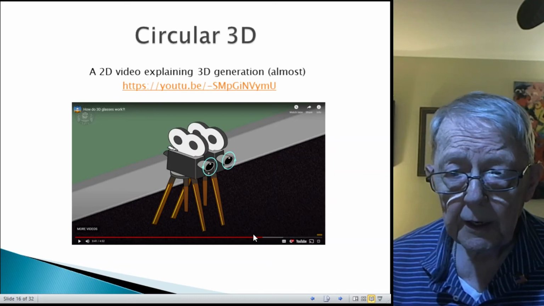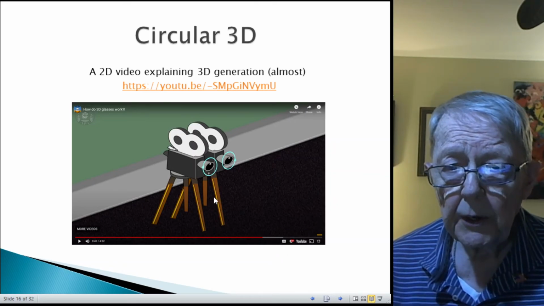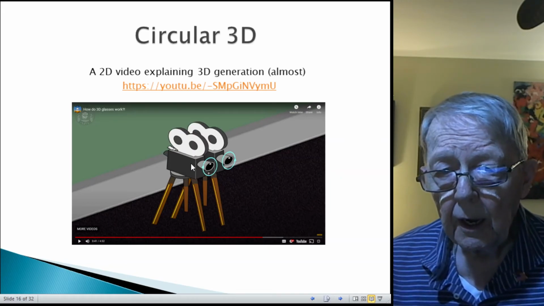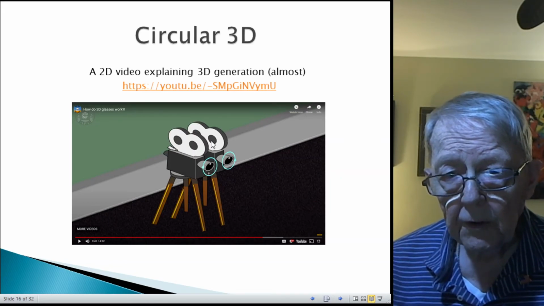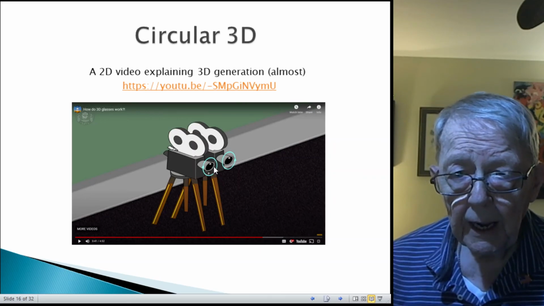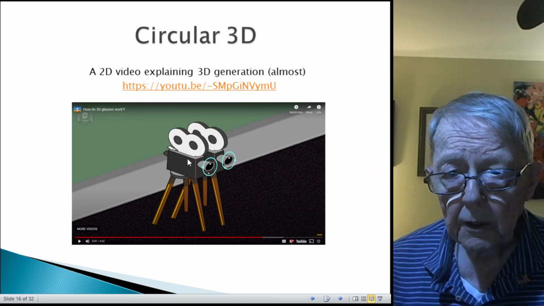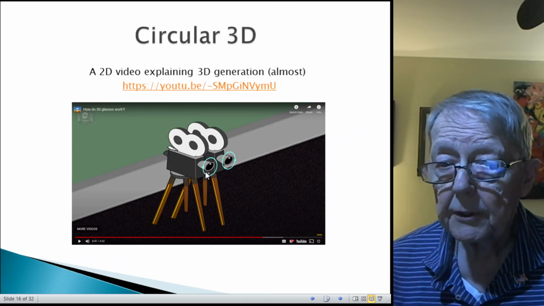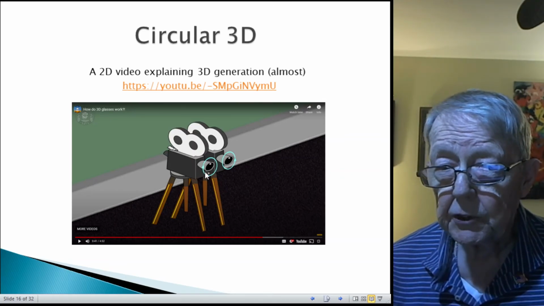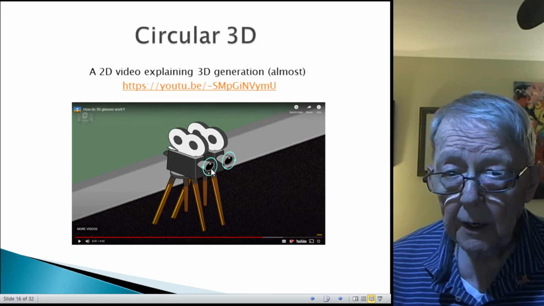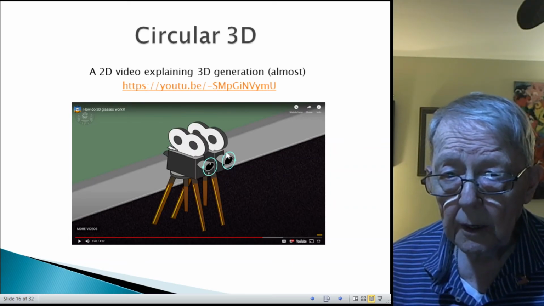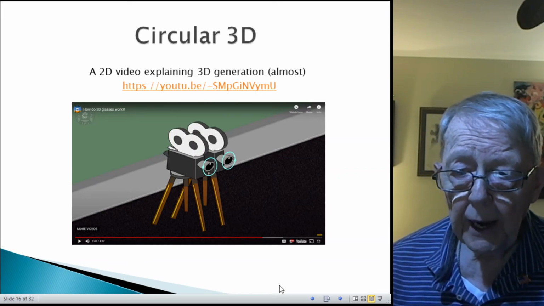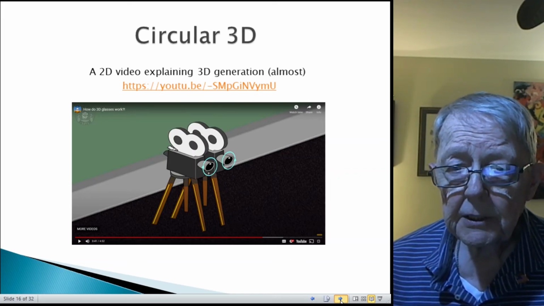Towards the end of the video, he's showing you that you've got two cameras, one with a film for the right eye and one for the left eye. And the output of these, the film goes through a circular polarizer and creates that signal I just showed you. One rotating clockwise, the other one rotating counterclockwise. They hit the screen and they come back to your glasses.